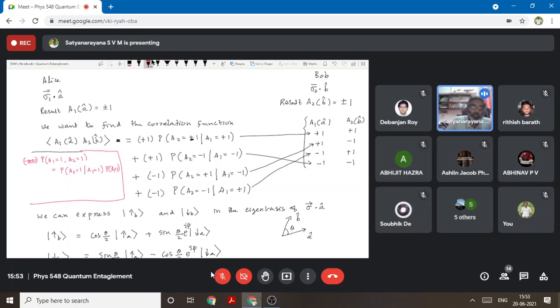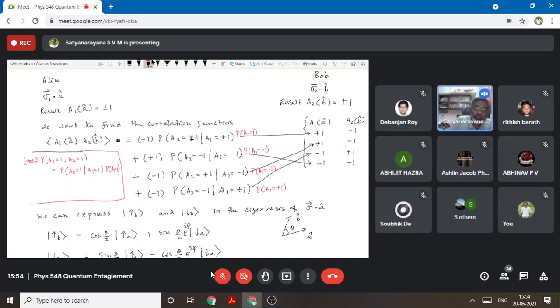So everywhere I have to write that. So here what is the probability that A1 is equal to 1? Here what is the probability that A1 is equal to -1? And here what is the probability that A1 is equal to -1? And here what is the probability that A1 is equal to +1? So I have to multiply that one.